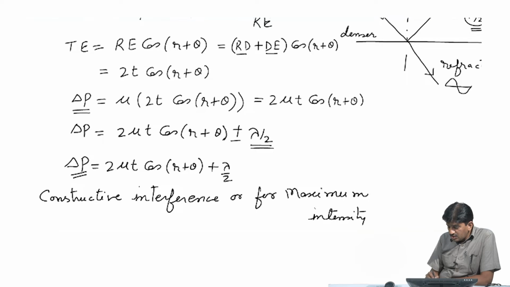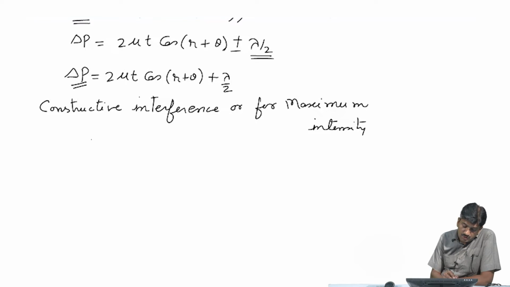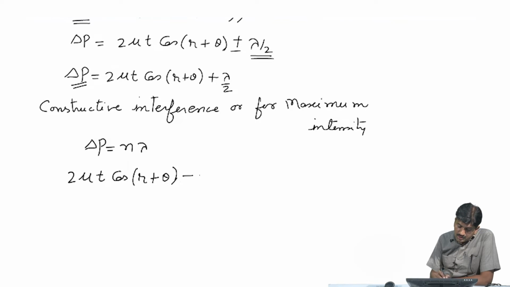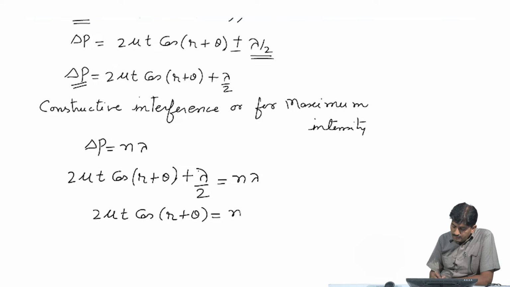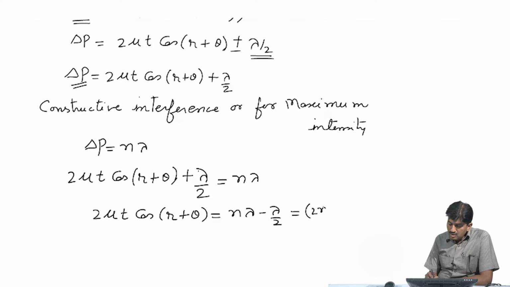If we discuss the maximum intensity, then this path difference should be equal to delta p is n lambda, and it becomes 2 mu t cos(r plus theta) plus lambda by 2 equal to n lambda, and 2 mu t cos(r plus theta) equal to n lambda minus lambda by 2, or we can say twice (n minus 1) lambda by 2.